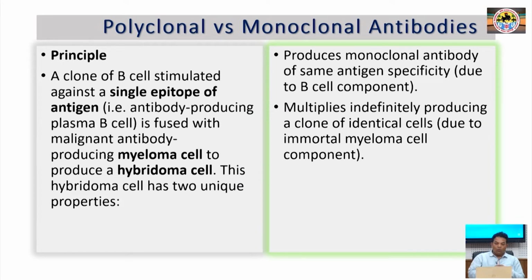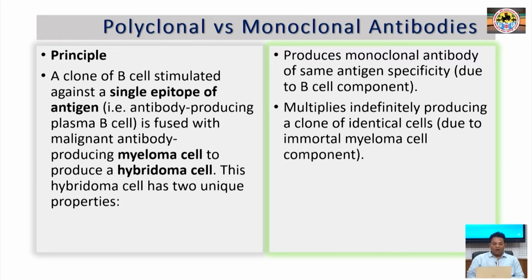Now, what is the principle behind this? It is a very simple principle of the production of the monoclonal antibodies, because if it contains a mixture, then it is polyclonal.